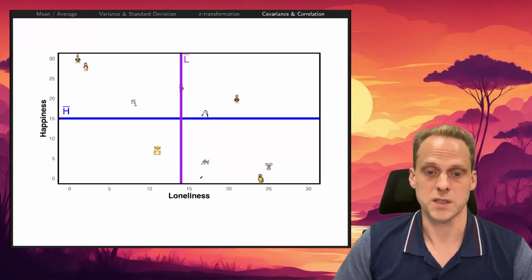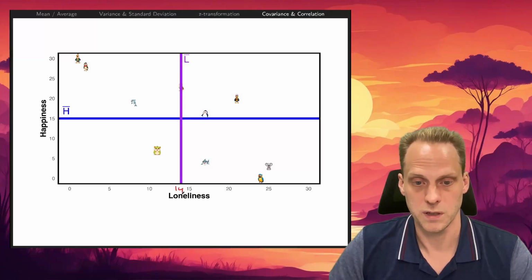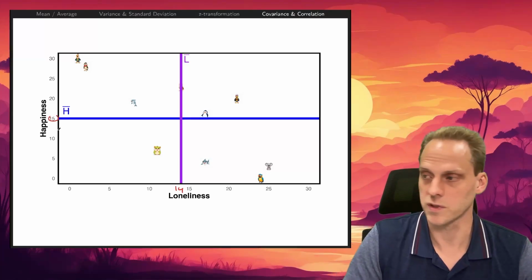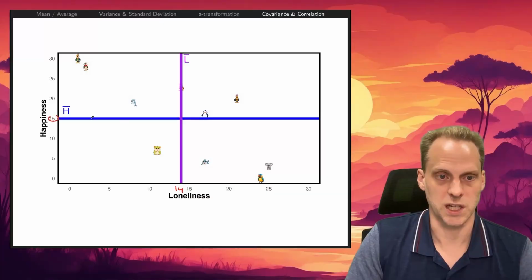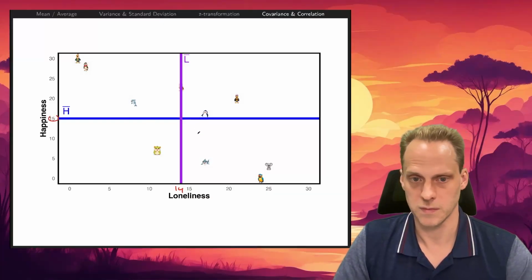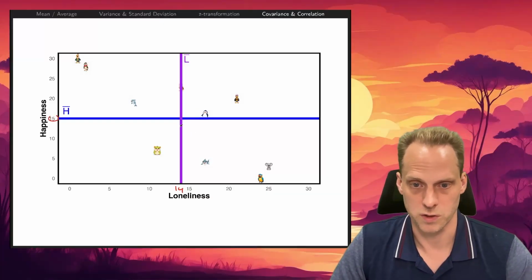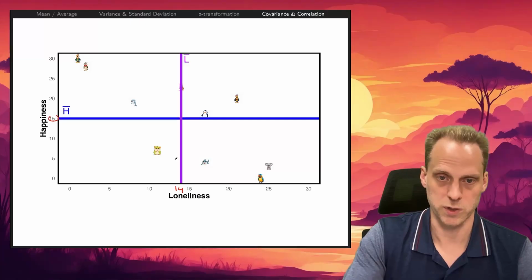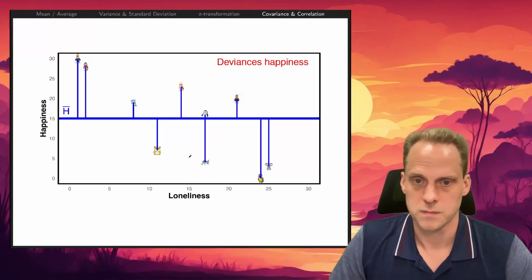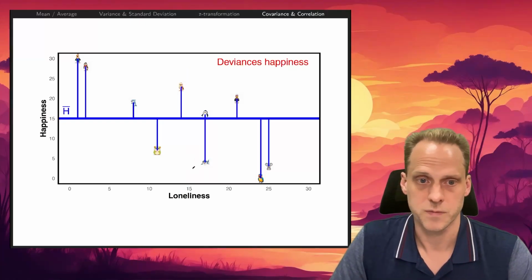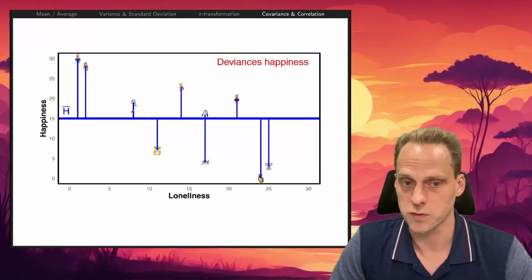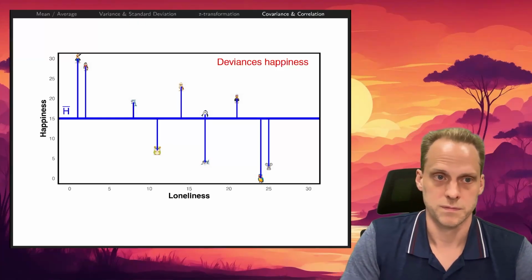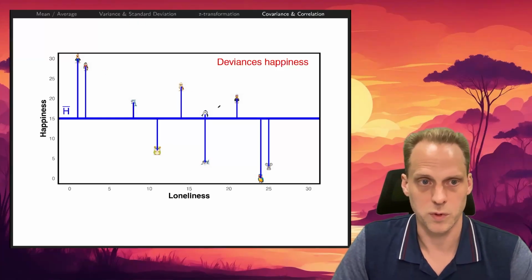Let's draw the mean. The mean level of loneliness was 14. The mean level of happiness was 15. So these lines represent the means, the averages: the average loneliness score and the average happiness score. Then the deviances are the distances from this mean, right? We had this example of the owl.